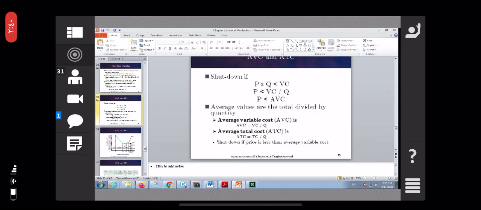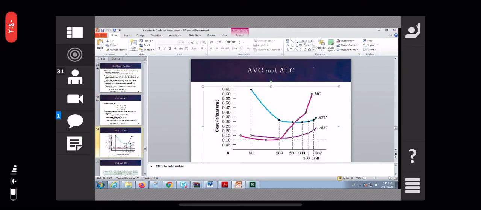Otherwise, as the slide says, you have to shut down. You have to close the project.